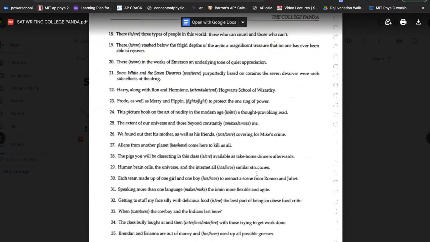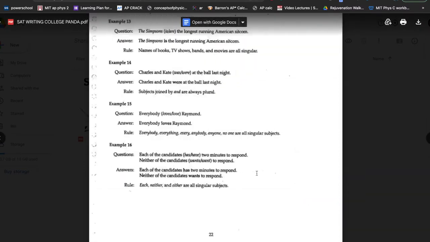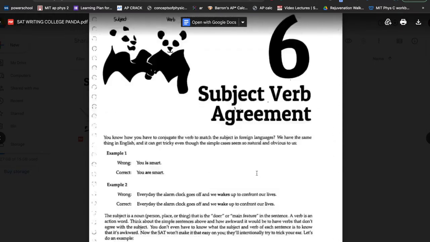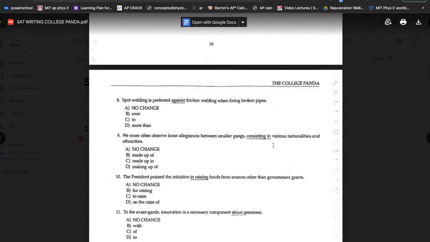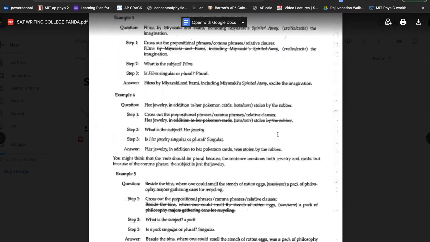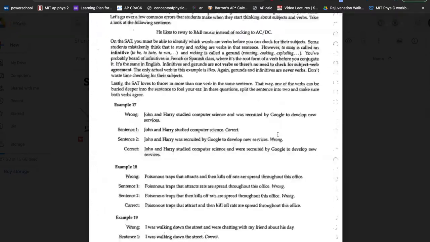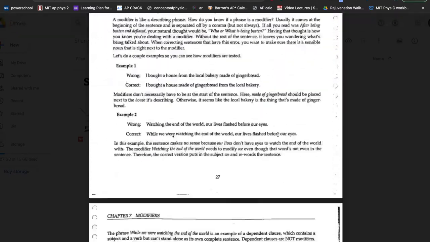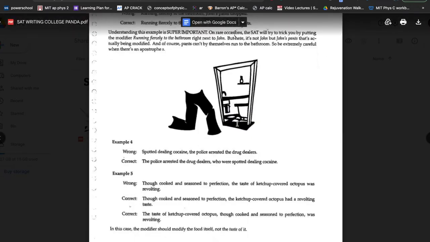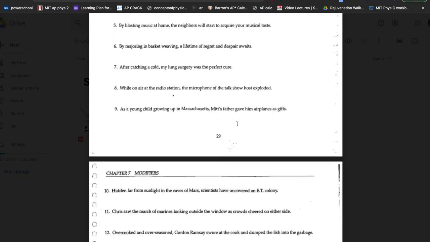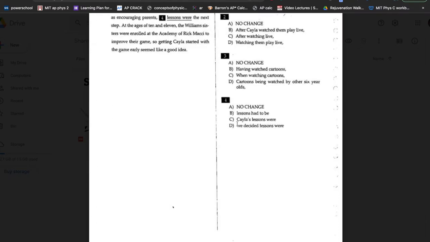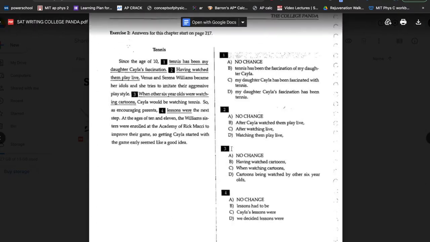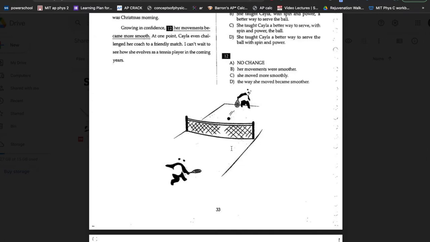Anyways, last time we went over subject-verb agreement. We did a bit of idioms and prepositions, right? That was last lesson. Today I want to go through the modifiers. Then there are questions, we may also do some of these questions.